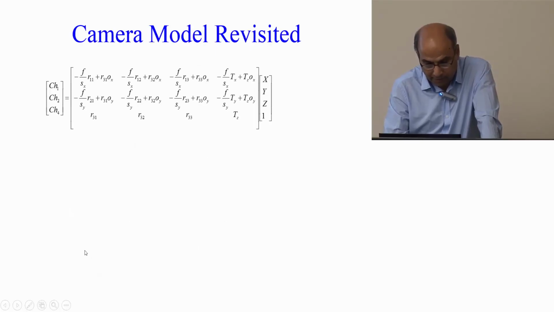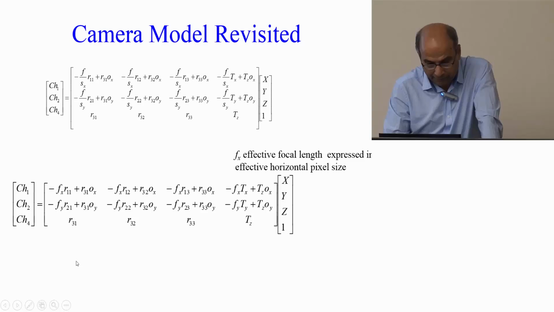So we'll just call those fx and fy. We can get rid of this denominator here, so it becomes fx r11, and all this becomes fx. So this is the camera matrix.